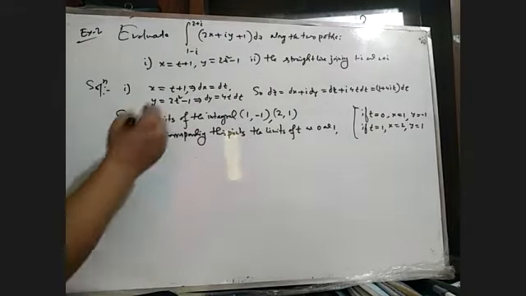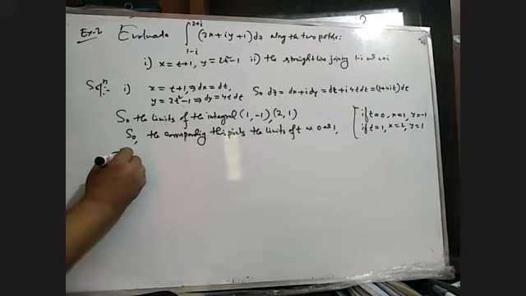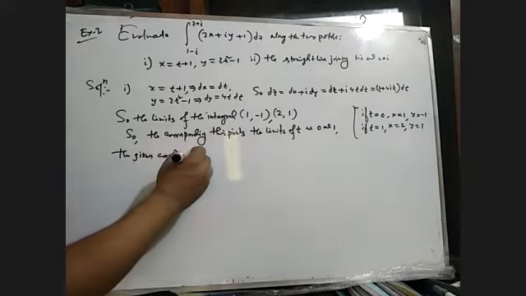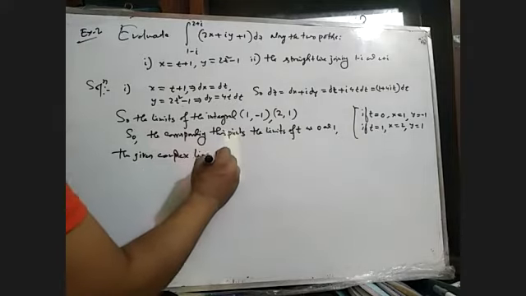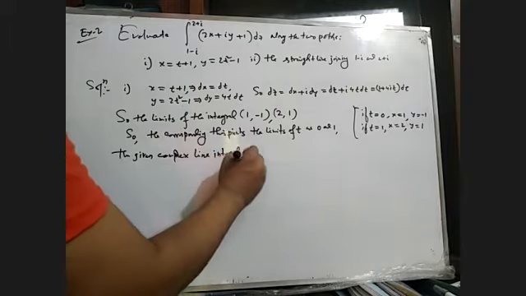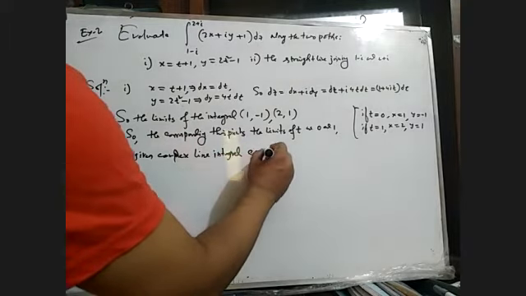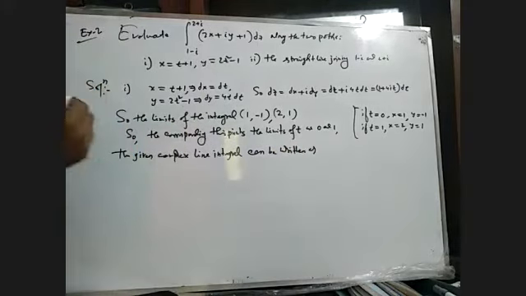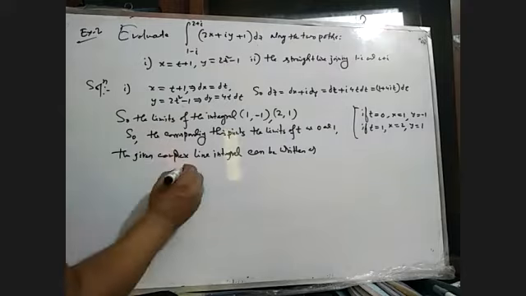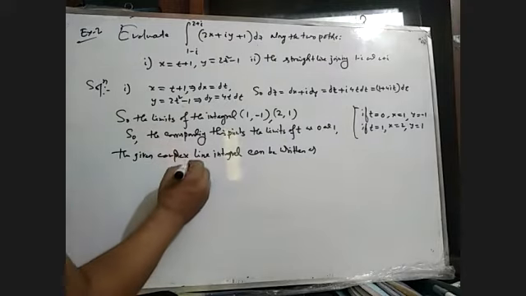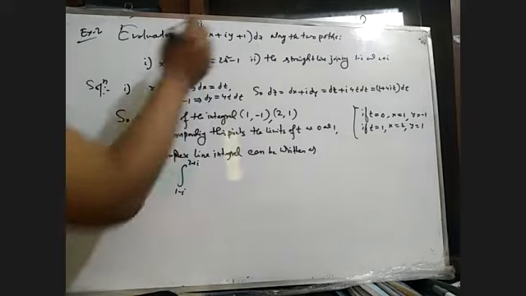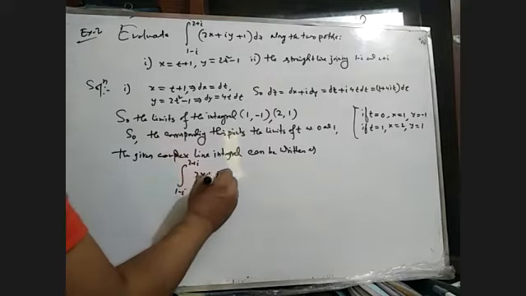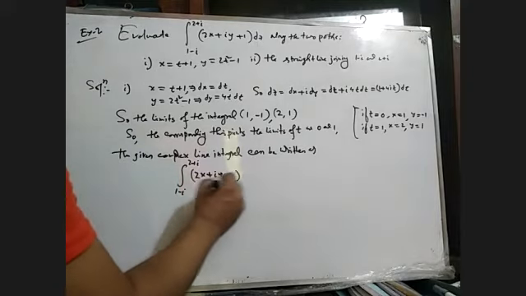So the given complex line integral can be written as the integral from 1 minus i to 2 plus i of (2x plus iy plus 1) dz.